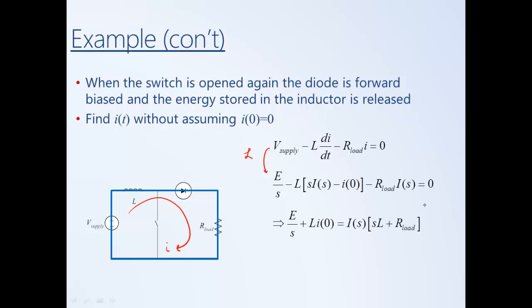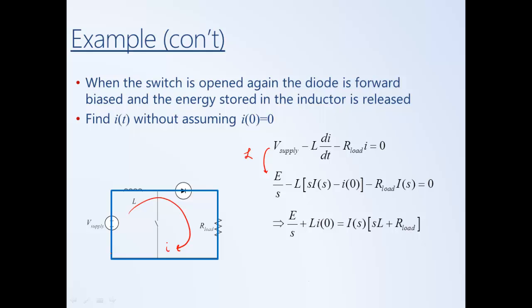You can then factor out an I of s from those two terms. So you're left with E over S on the left. You're left with L times I of 0, where the negative multiplying a negative becomes a positive. On the other side, we can factor out the I of s. So I of s multiplies the quantity S times L plus R load.